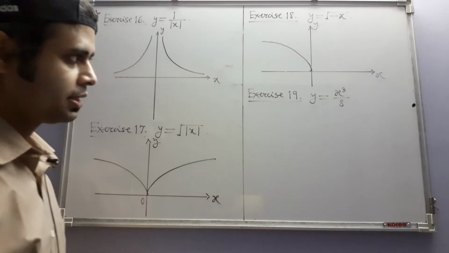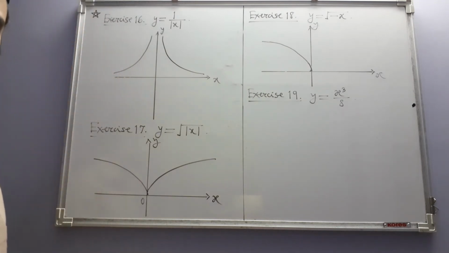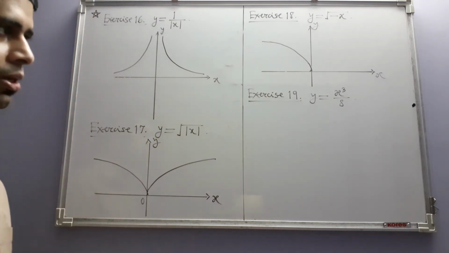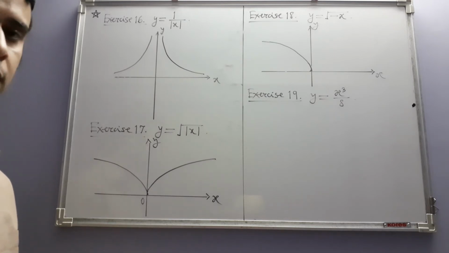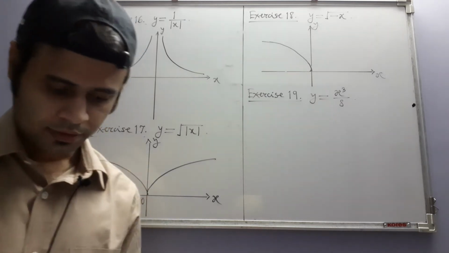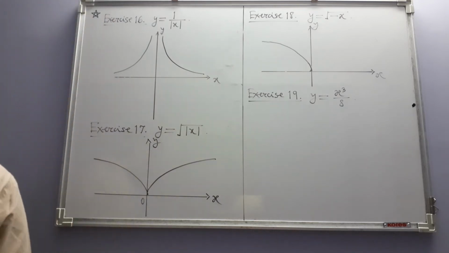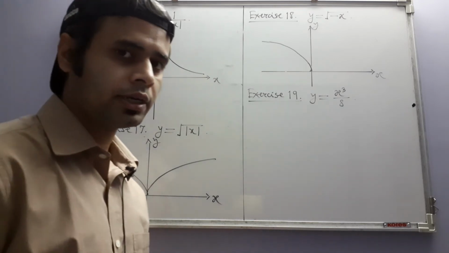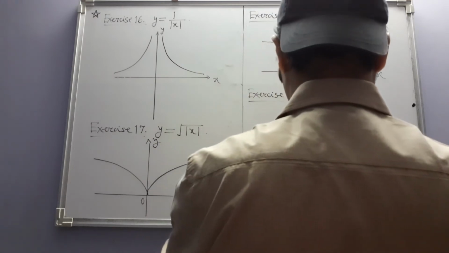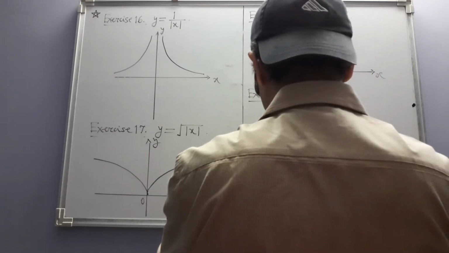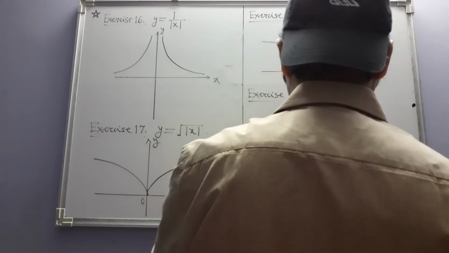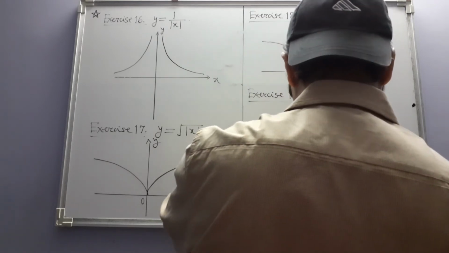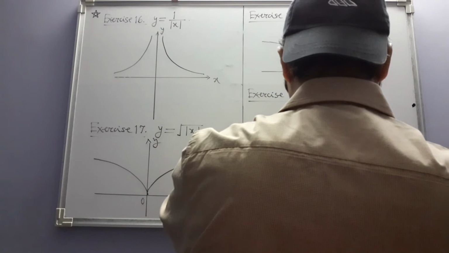That means it's just the cube function, but now the values are getting diminished because we are dividing every cube value by 8. And the graph will look like the graph of y equal to x cube, but the way it curves, the points through which it passes, those things will change.